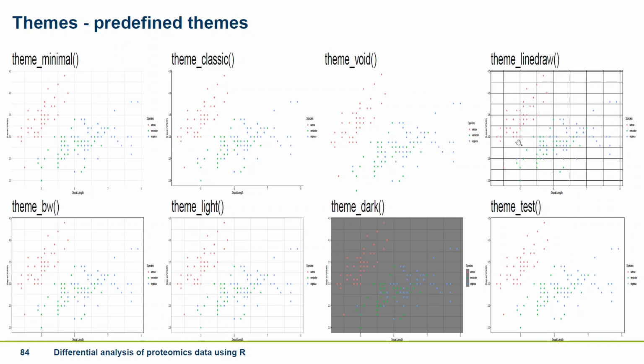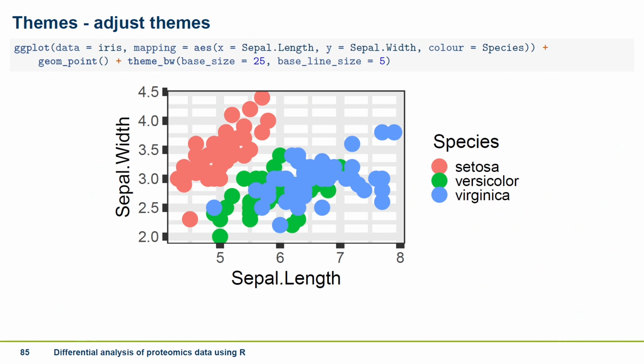Theme linedraw has basically black grid lines in the background. Theme black white has also a box around the plot and also grid lines. It's really similar to theme light. You have theme test, which has a box but no grid lines, and you have, as I already said, the dark theme. So this is already something to choose from and to have basically different styles of plots.